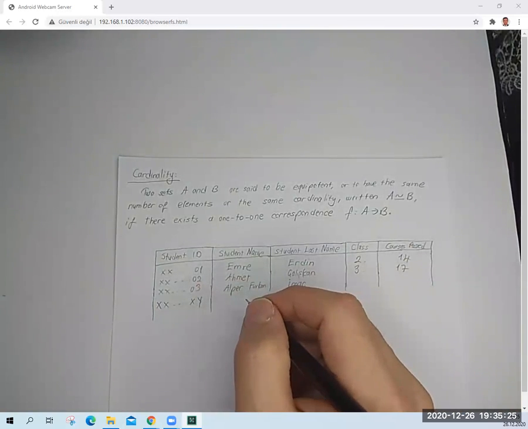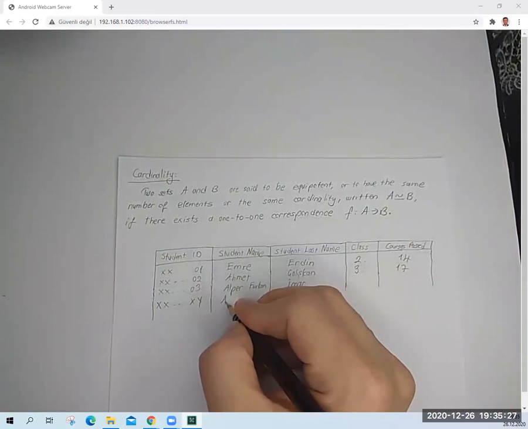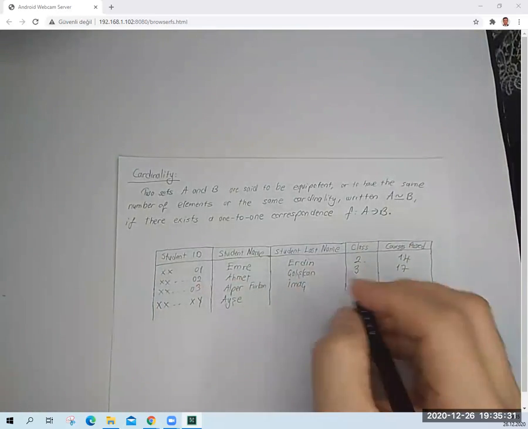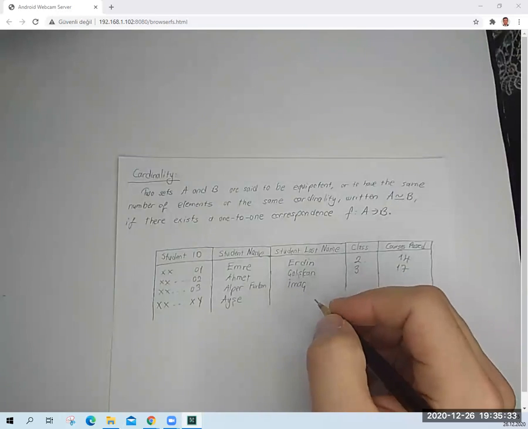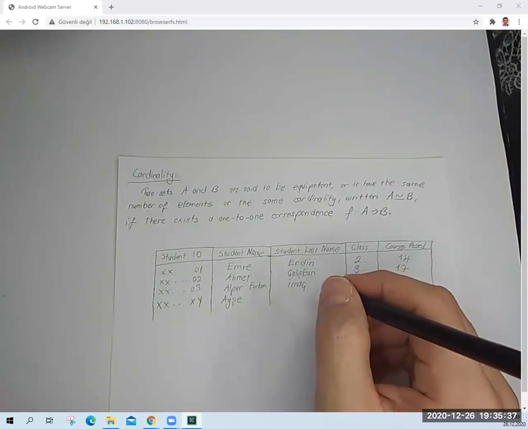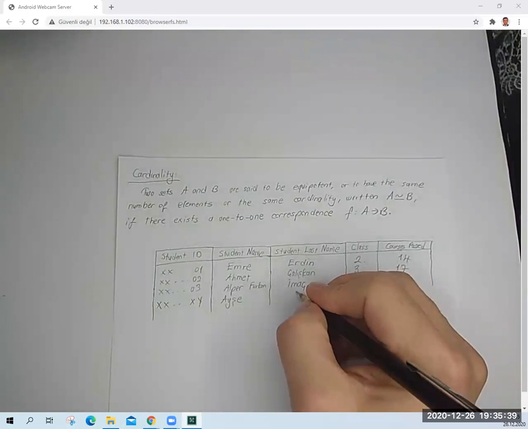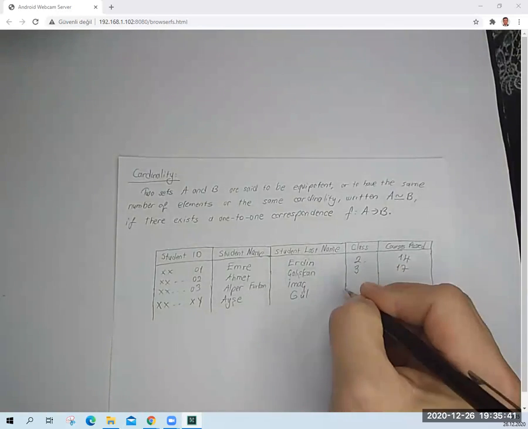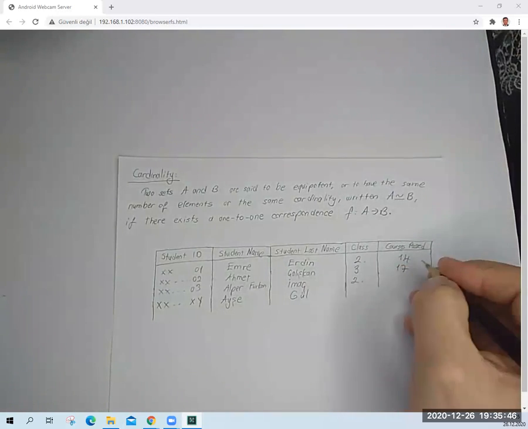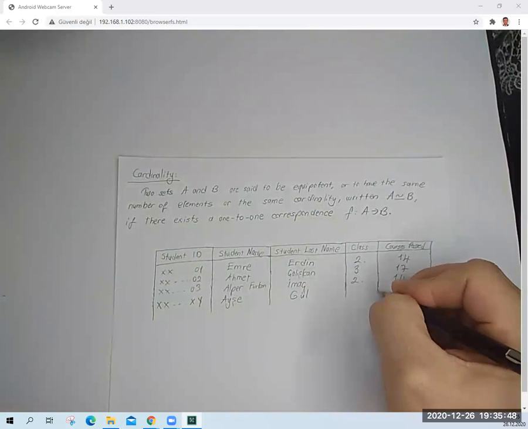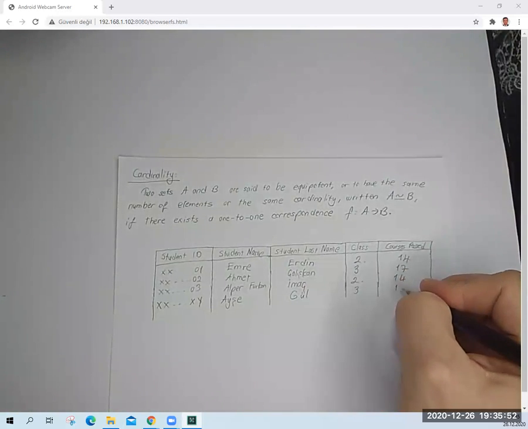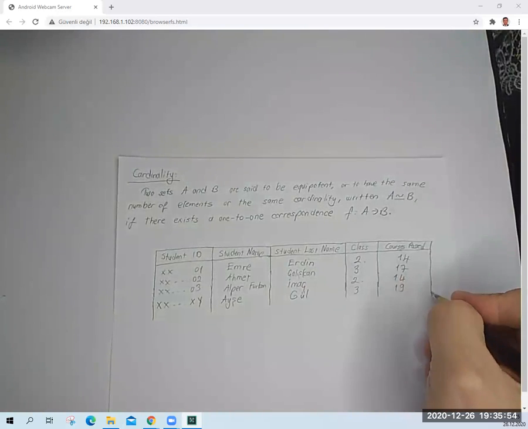Okay, her name is Ayşe. Last name is maybe, okay, only good. Okay, this is again second year and 14, and so on. Here is the third year and 19, something like that.